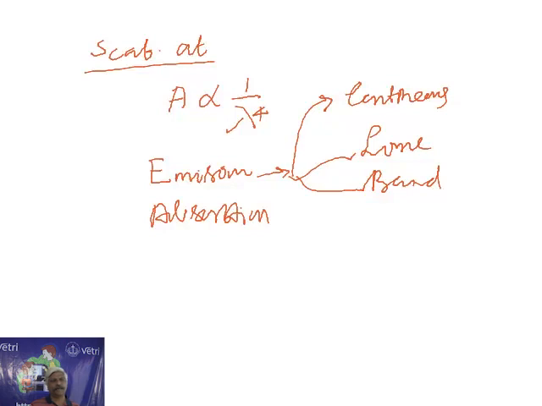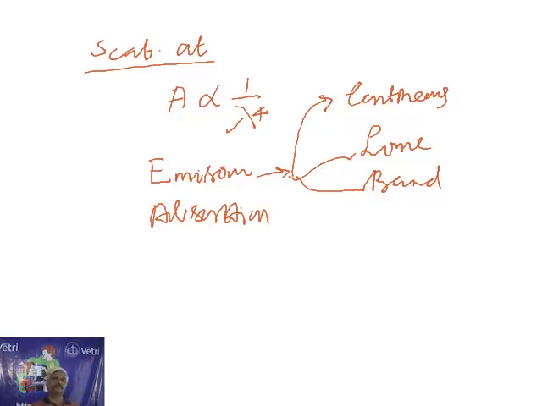So we are having a green glass. When the objects are seen through the green glass, everything looks greenish. What is the reason? That glass actually absorbs all the colors except green. That spectra is called absorption spectra.